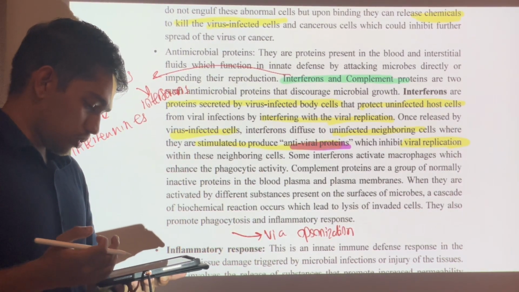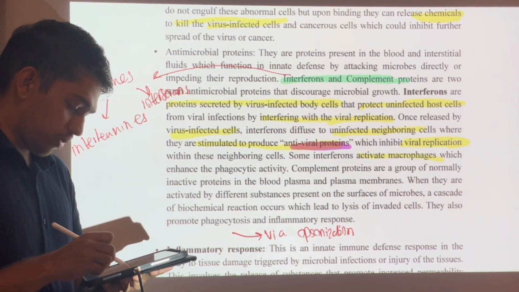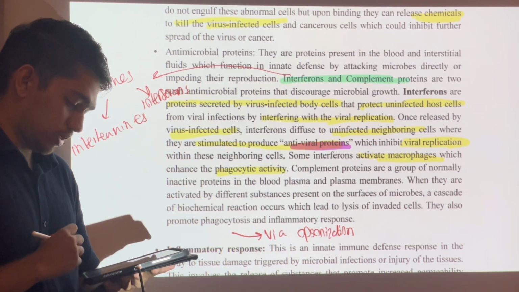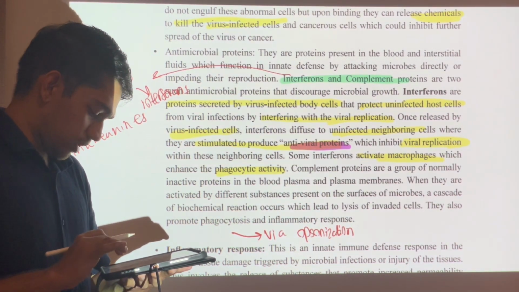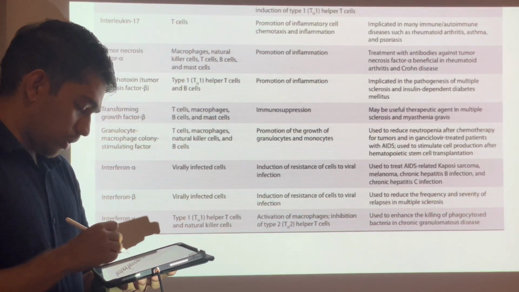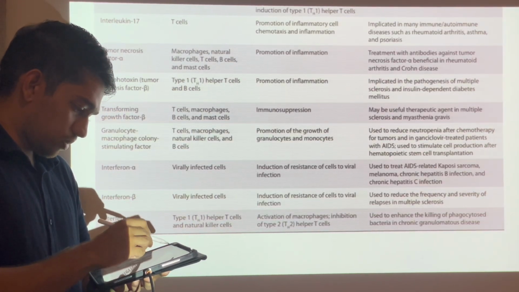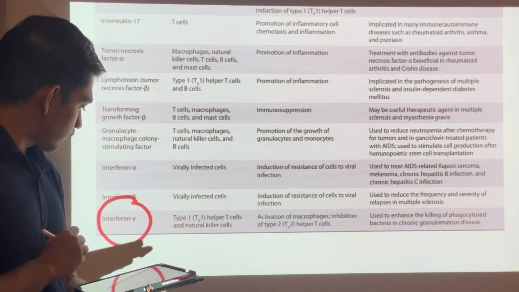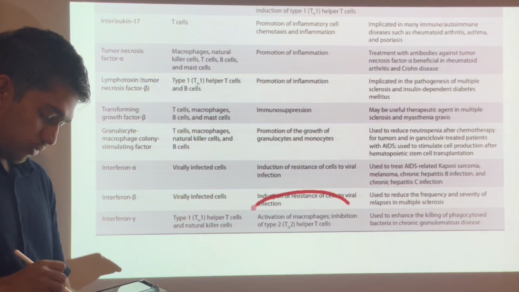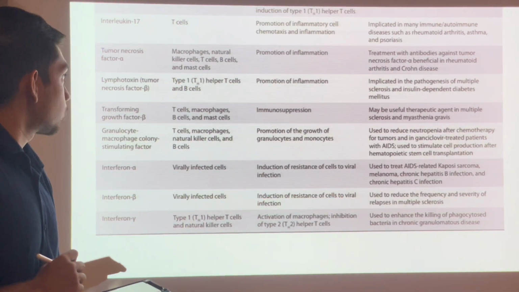Right. Then also some interferons activate macrophages, which enhances the phagocytic activity. Right. So it is also given here. See, interferon gamma is involved in activation of macrophages. So you have to remember that as well.